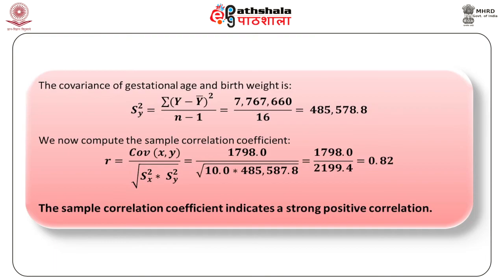We now compute the sample correlation coefficient, where r is equal to covariance of x and y divided by the square root of Sx square multiplied by Sy square, and putting in the respective values we get 0.82. The sample correlation coefficient indicates a strong positive correlation.